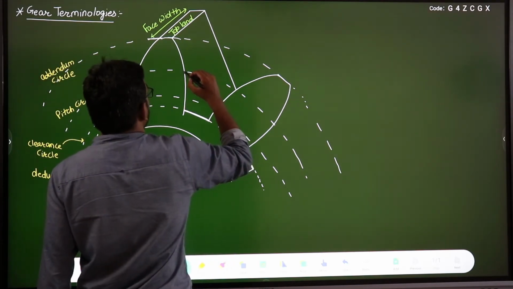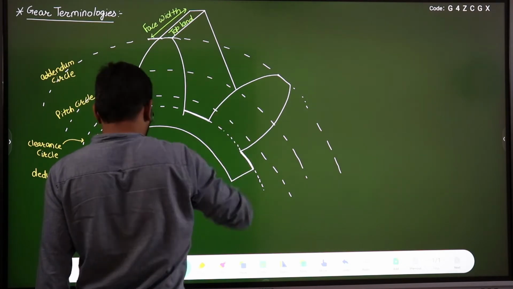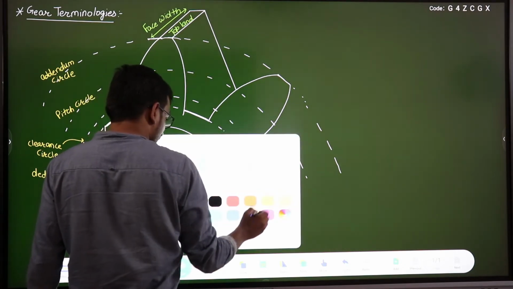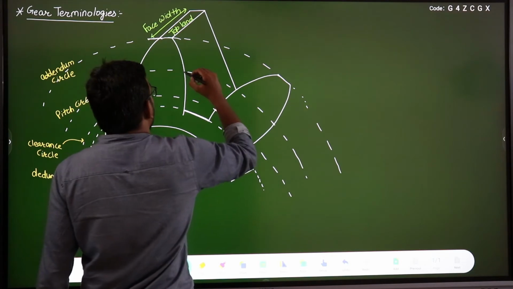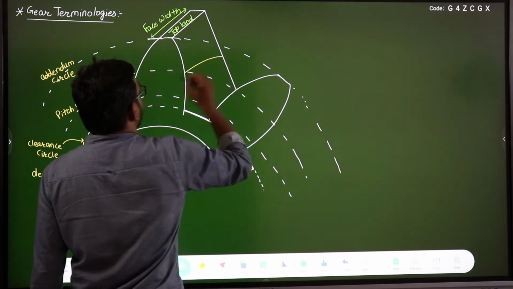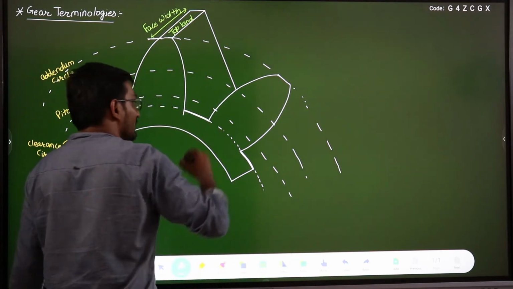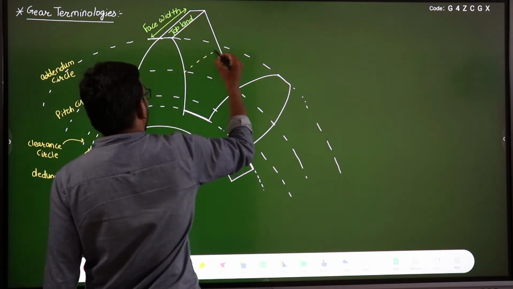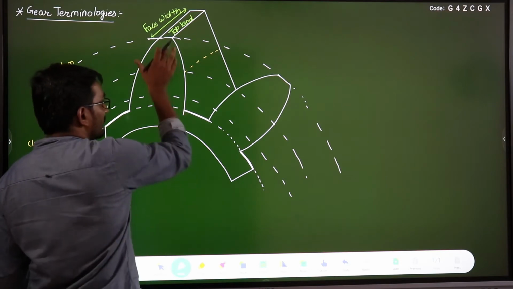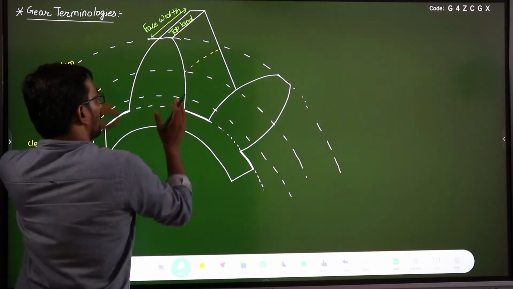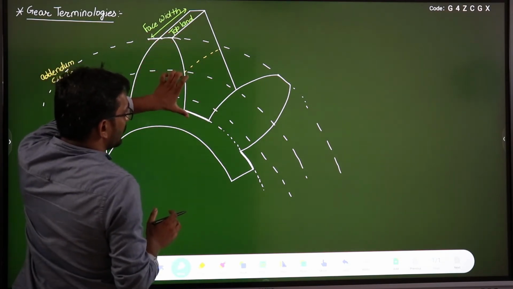Now suppose at this pitch circle we divide this gear tooth into two portions, one this portion, another this portion.